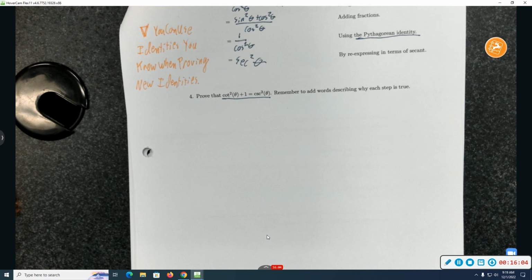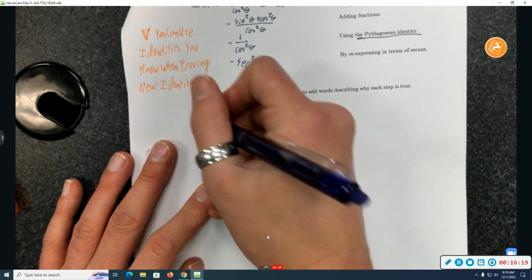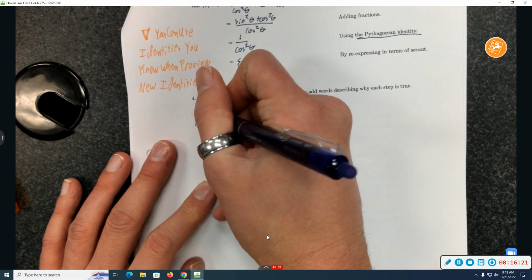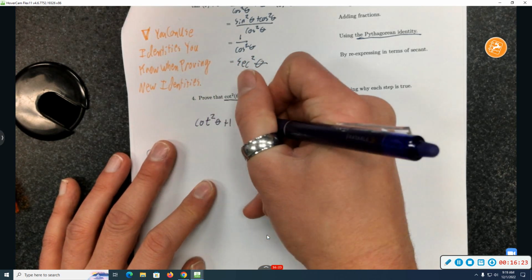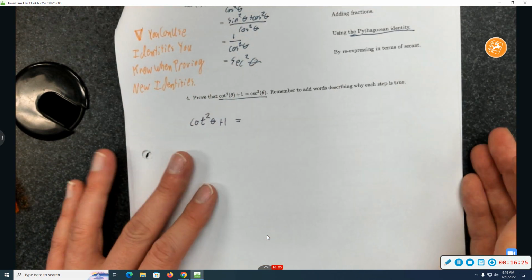What strategy did someone follow? Yeah. I did basically the same thing that we did on the previous one, but with cotangent squared plus 1. So I expressed it in terms of sine and cosine. Nice. And what is cotangent in terms of sine and cosine?